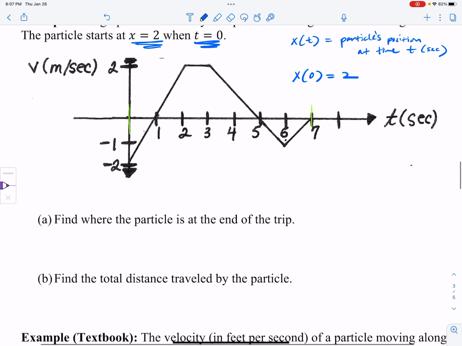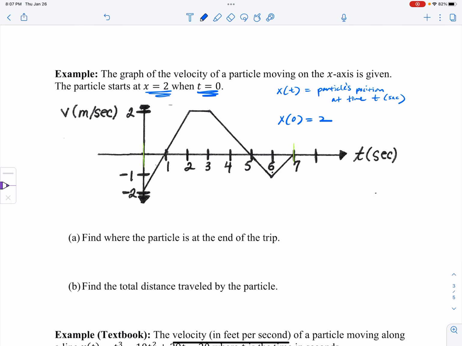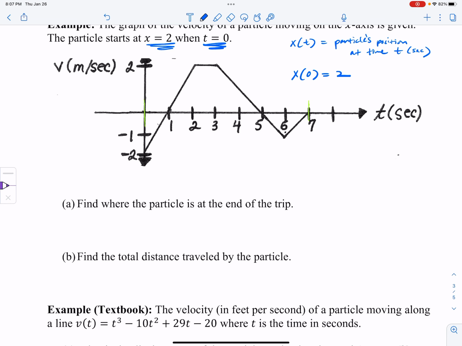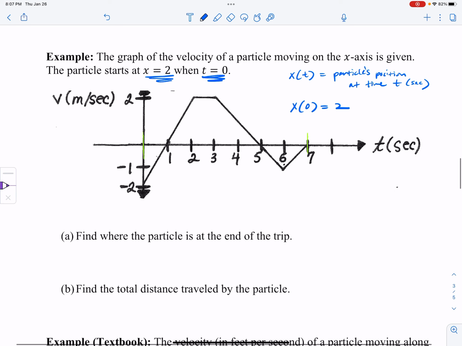So that means when we go to integrate, we need to take into account x of 0 being equal to 2. So the particle will end up at 2 plus the integral from 0 to 7 of v of t.